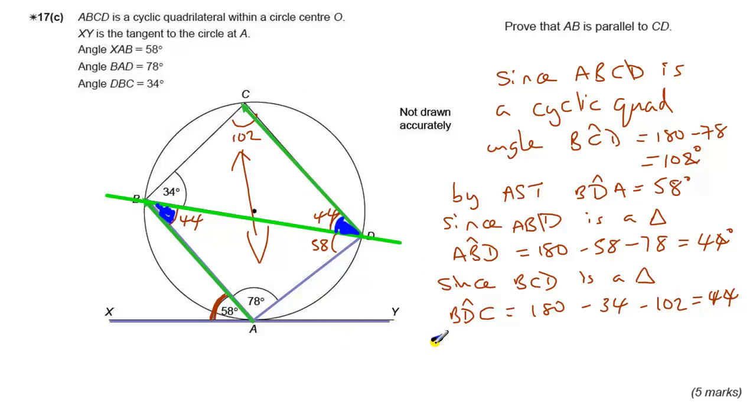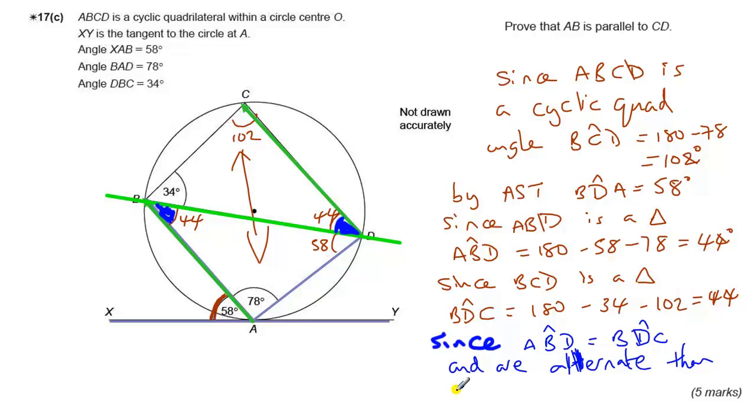So since ABD equals BDC, and they are alternate, then AB and CD are parallel.